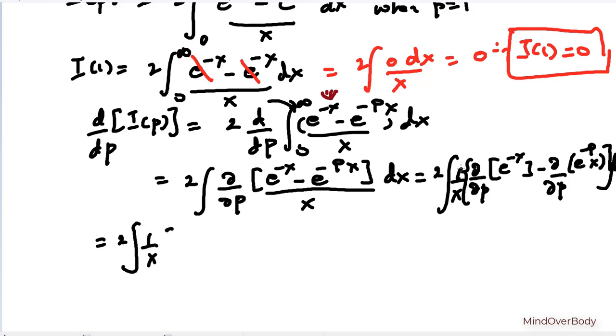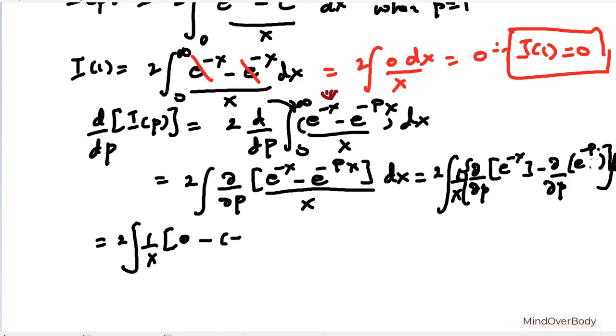Now dou over dou p of e raised to the power of negative x is going to give me 0, because we are differentiating with reference to p, followed by dou over dou p of e raised to the power of negative p times x. That's going to give me a negative. This is actually e raised to the power of negative px, so I need to place the x there.